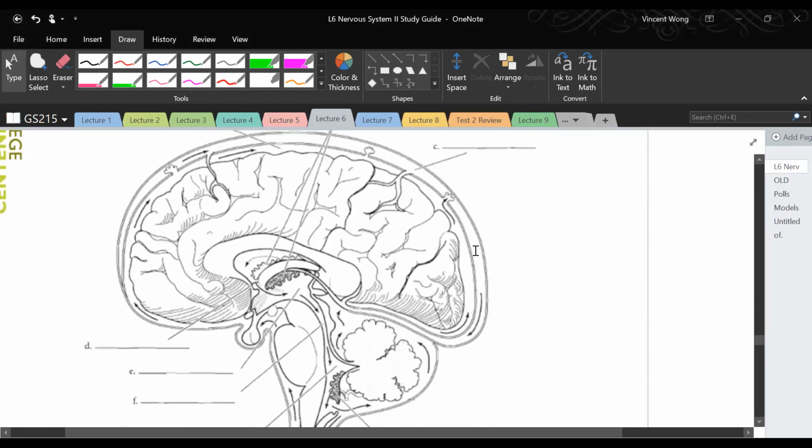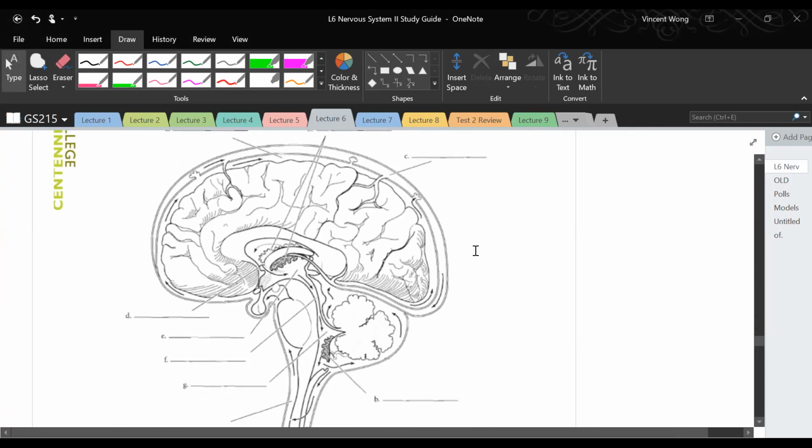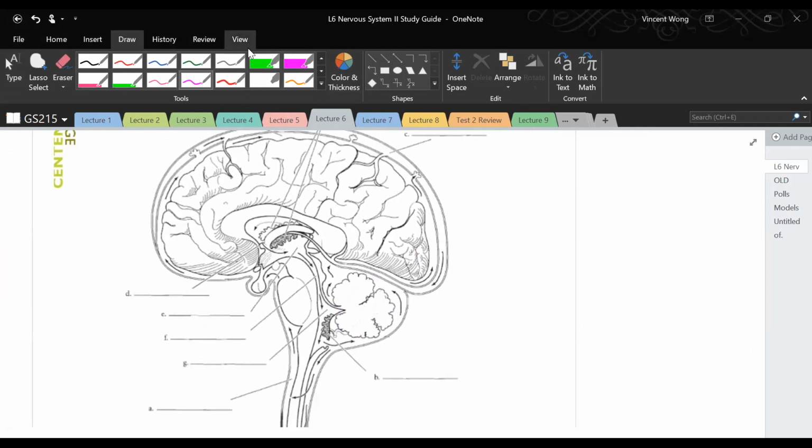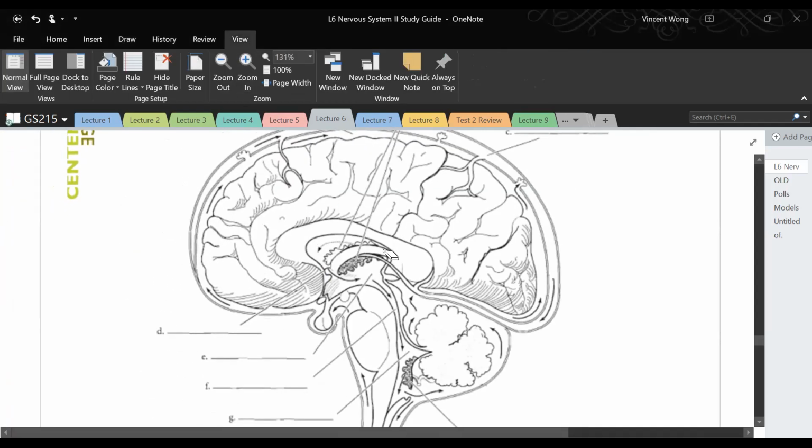Okay, so here is a brain. This is the front, this is the back. You can always tell which part is the front and which is the back by looking for this big spongy thing. This big spongy thing is called the cerebellum, and it's always going to be at the back of the brain. So this is a mid-sagittal view, and I want you to know that there are holes in the brain.